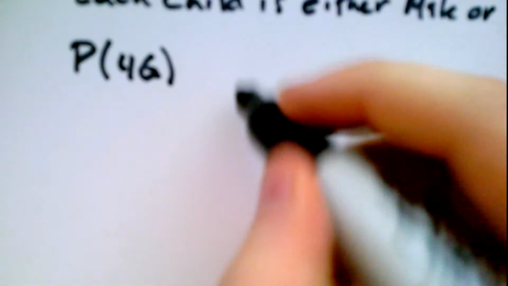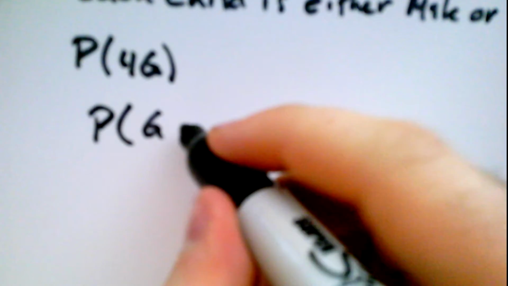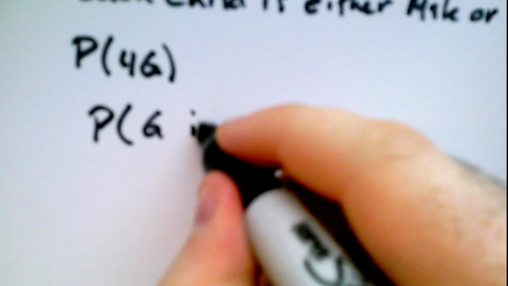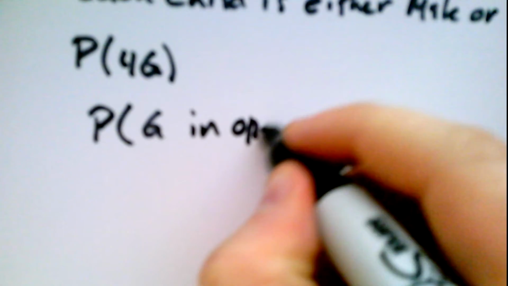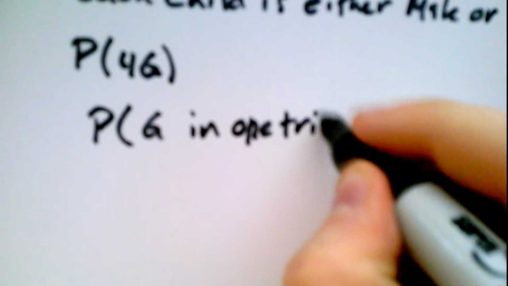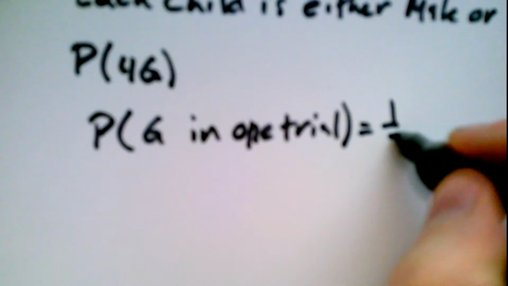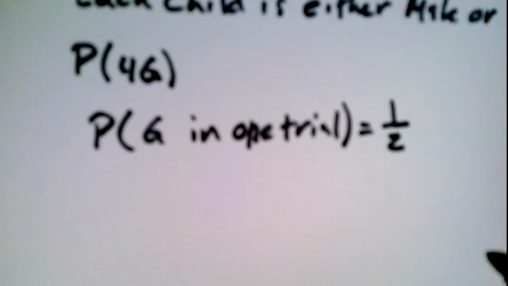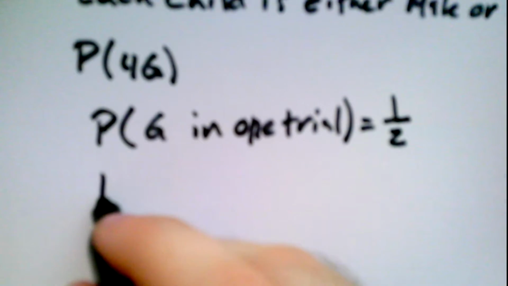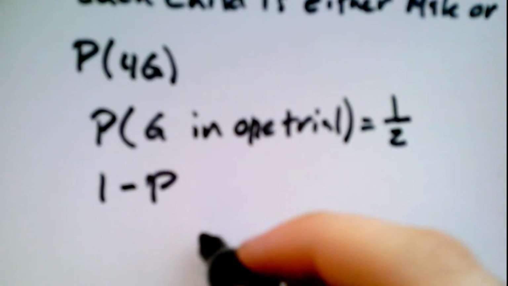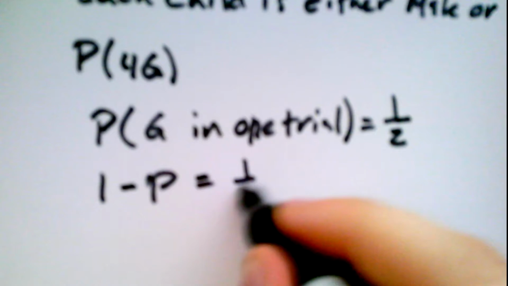So the probability of girl in one trial is equal to 1/2. And that means that 1 minus our probability of success is equal to 1/2 as well.